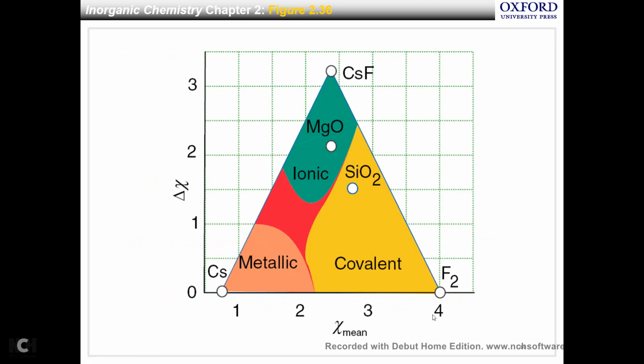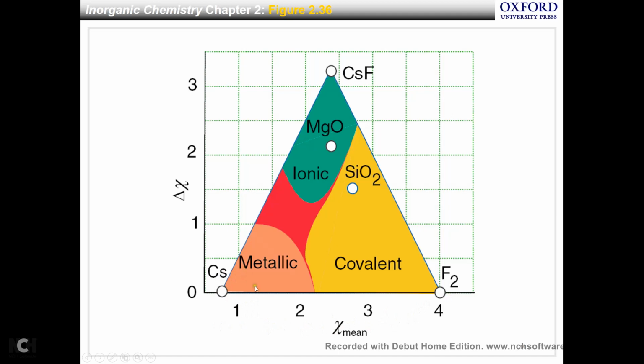This diagram shows you how to determine whether a bond is a metallic bond, covalent bond, or ionic bond. Over here, metal atoms typically have low electronegativity, so along this side. Again, this is just the electronegativity of the atom.